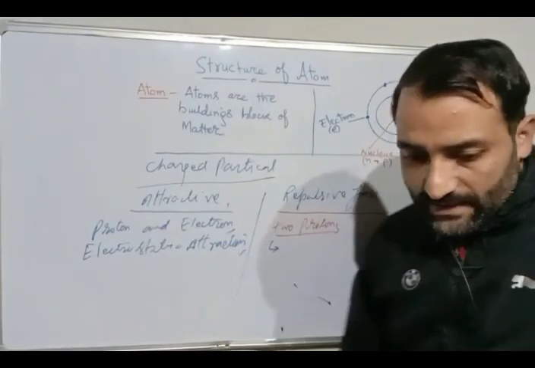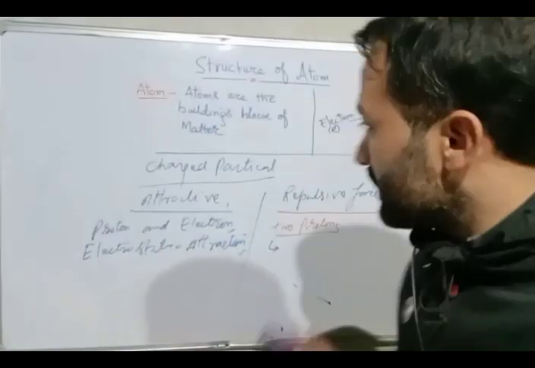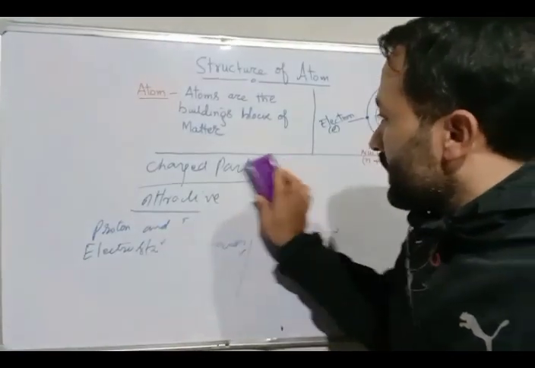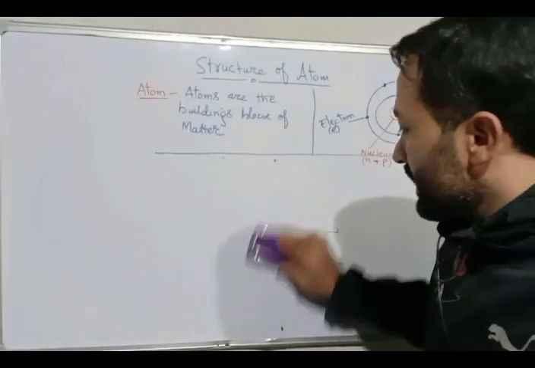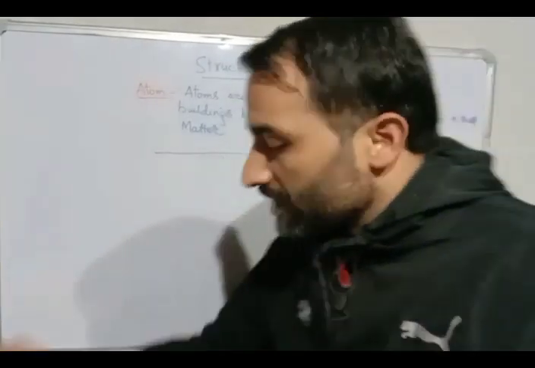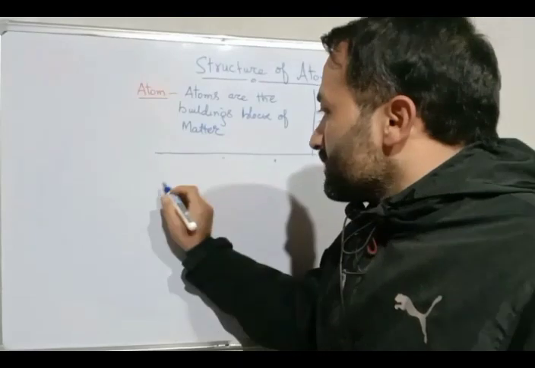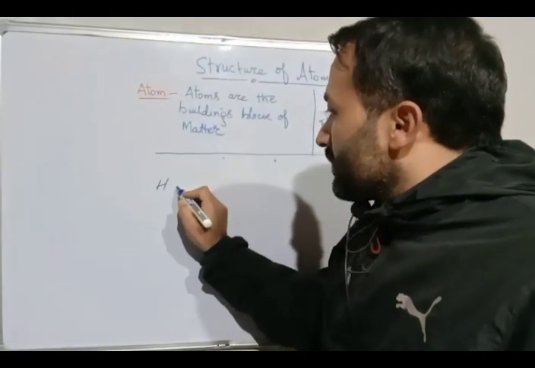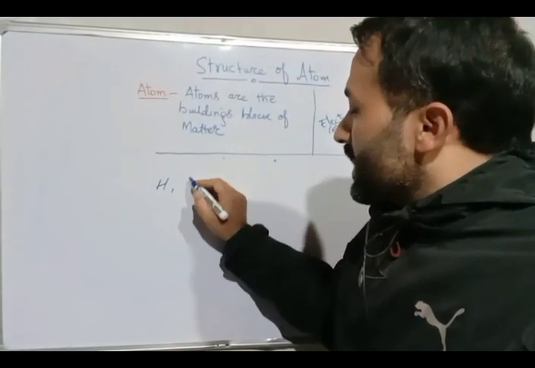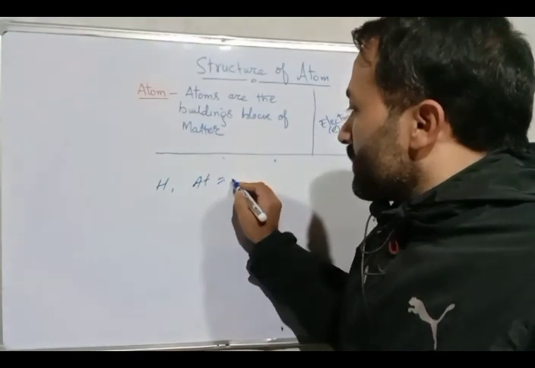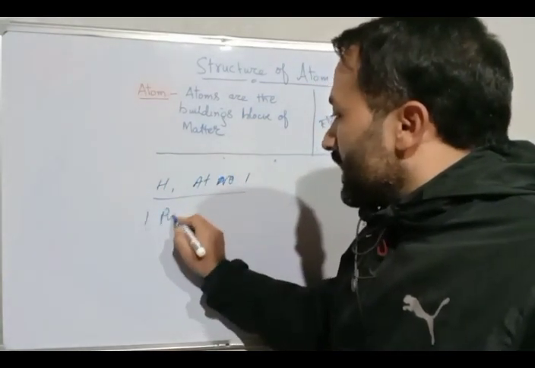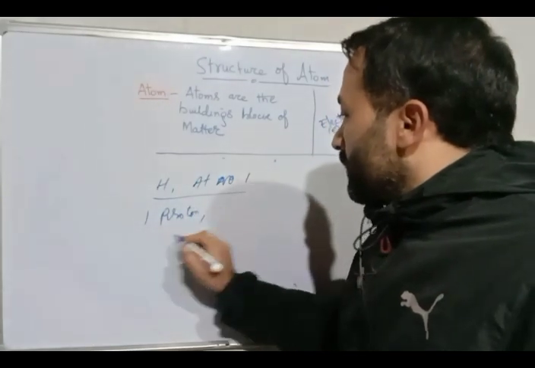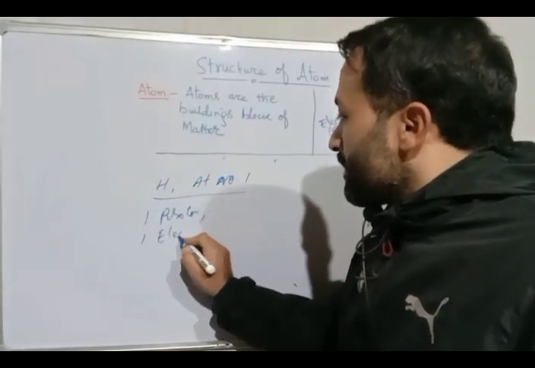Okay, let's consider some real examples, like atoms of hydrogen, helium, or lithium. If we consider the atom of hydrogen, its symbol is H and atomic number is 1. So it contains one proton and one electron.